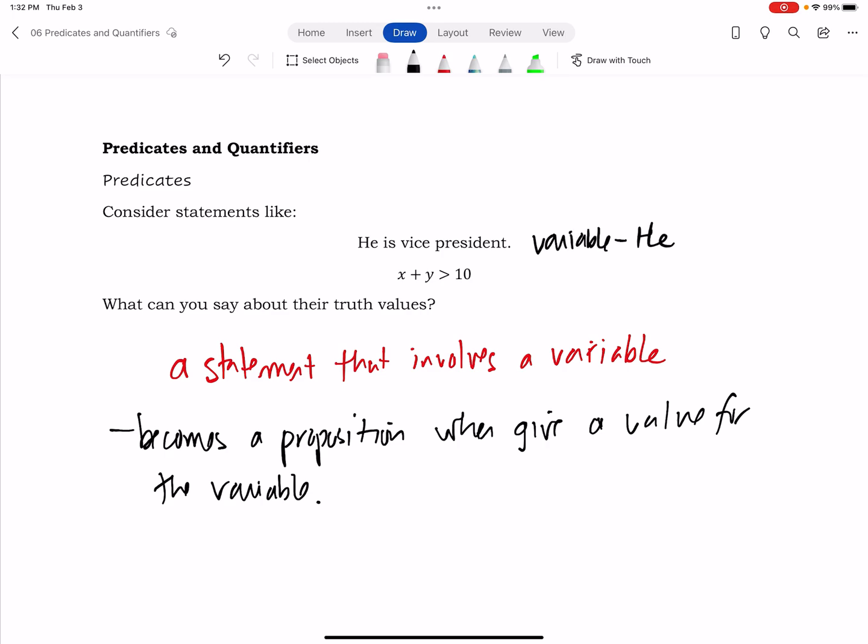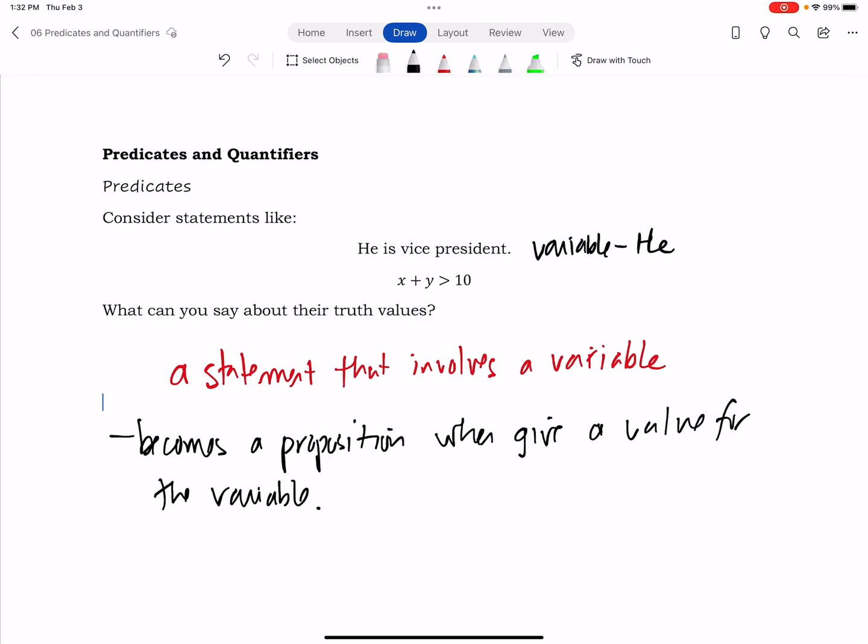If I named Jack Black as the "he," then we could determine whether that was a true statement or a false statement. In the second one, we have two variables, x and y. If I told you x was 6 and y was 7, then you could determine whether that statement is true or false. So it becomes a proposition when you give a value for the variable.